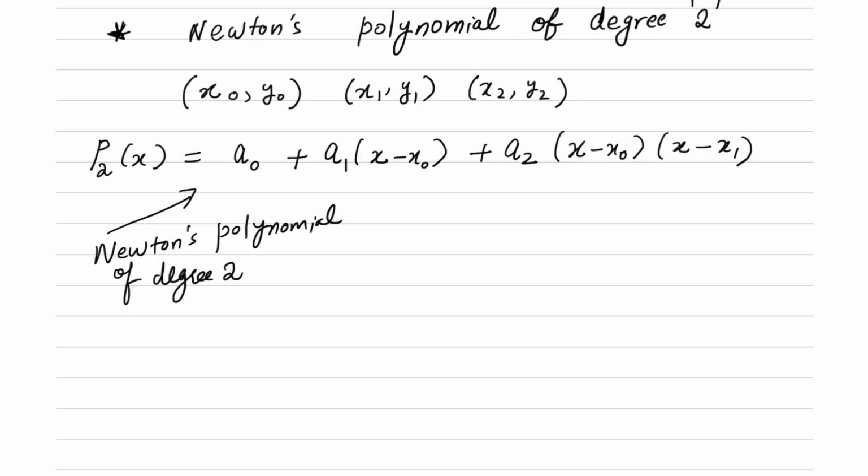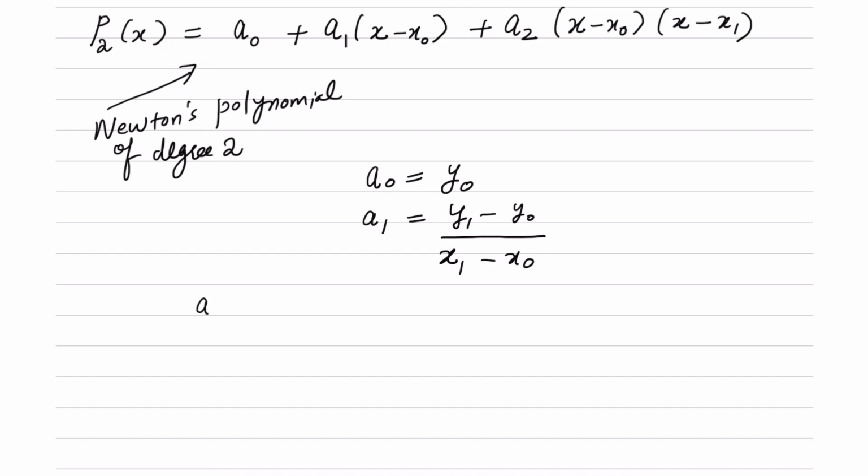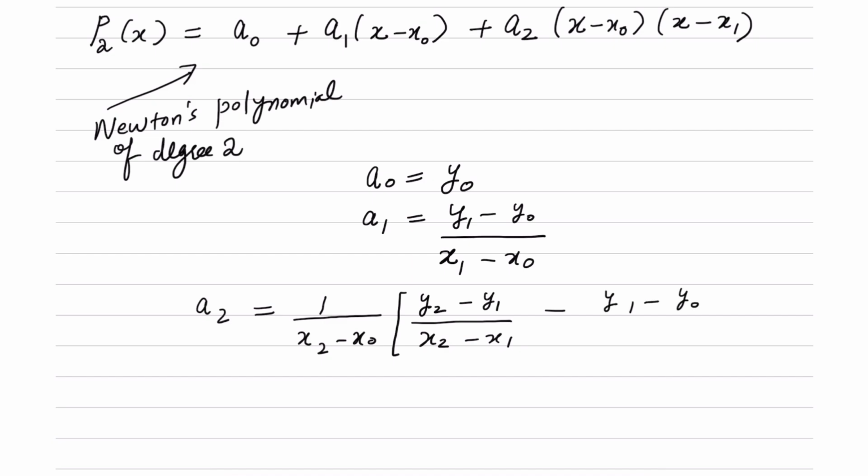And in the previous video, we saw that a0 was y0, a1 was y1 minus y0 over x1 minus x0, and a2 was 1 over x2 minus x0 times y2 minus y1 over x2 minus x1 minus y1 minus y0 over x1 minus x0.